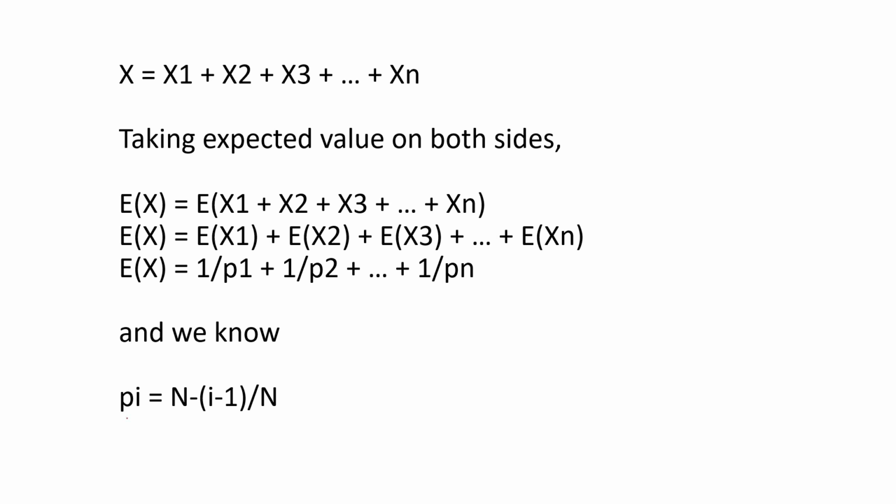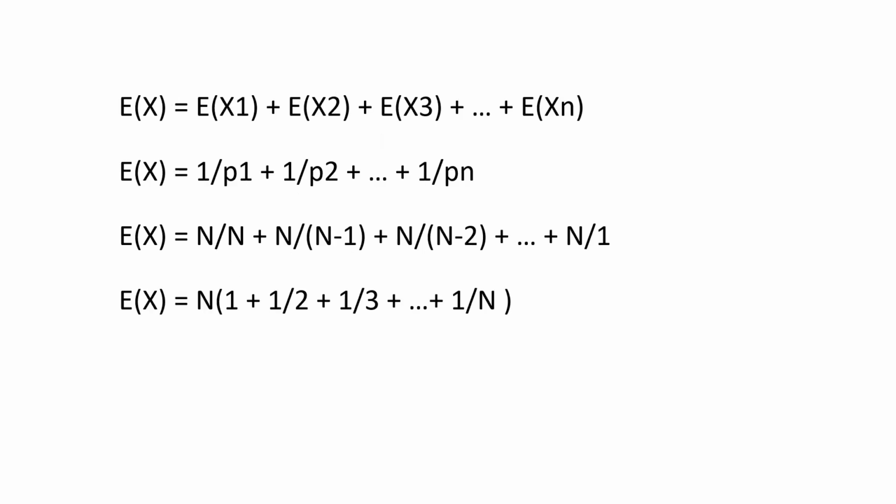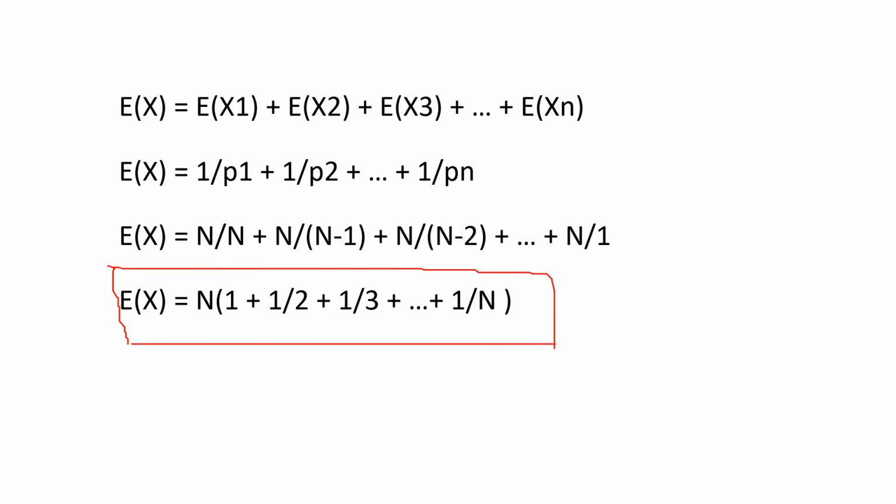And we have seen that the probability of success pi is (n minus i plus 1) over n. So we put the value of pi for all the expected values in this equation to get the final answer, which is that the expected value of x is equal to n times (1 plus 1 over 2 plus 1 over 3 up till 1 over n).